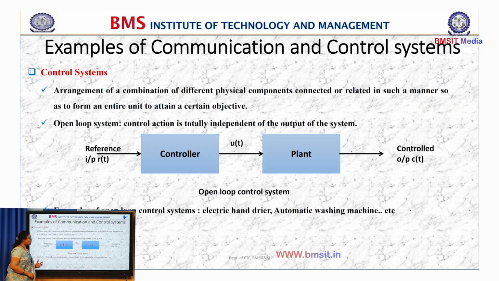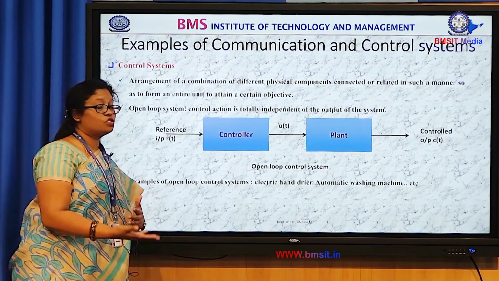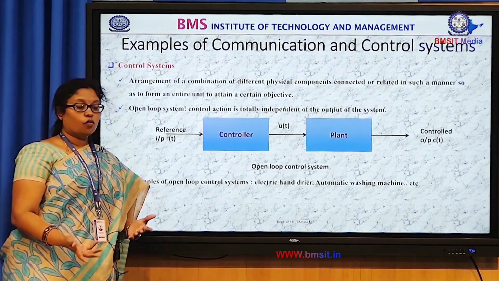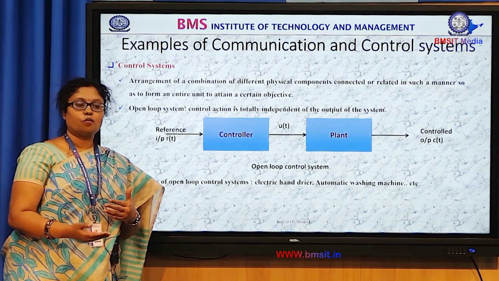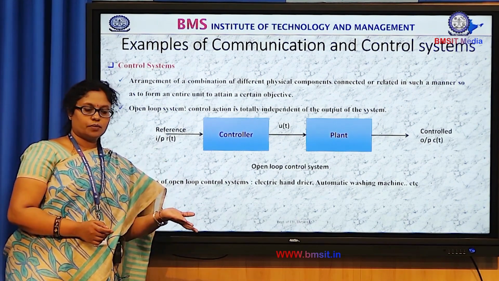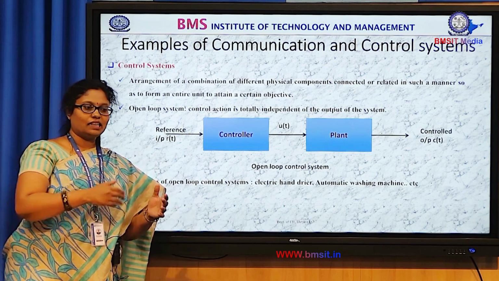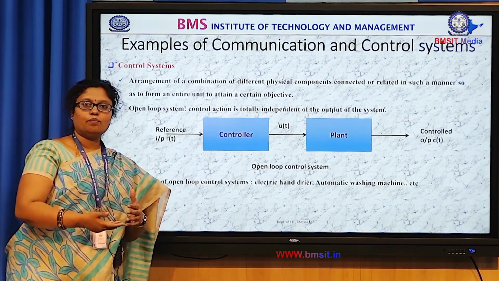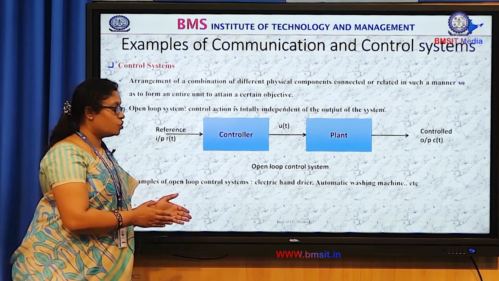One such example is the automatic washing machine, where we have more than one input: dirty clothes, along with washing powder, comfort, and so on, are given to the washing machine.